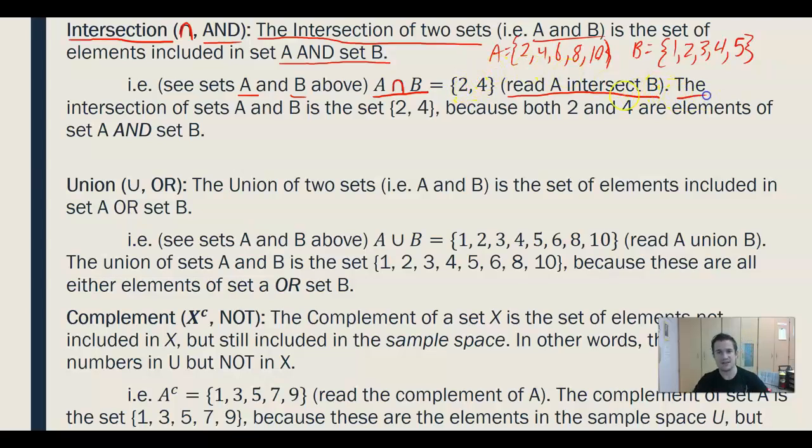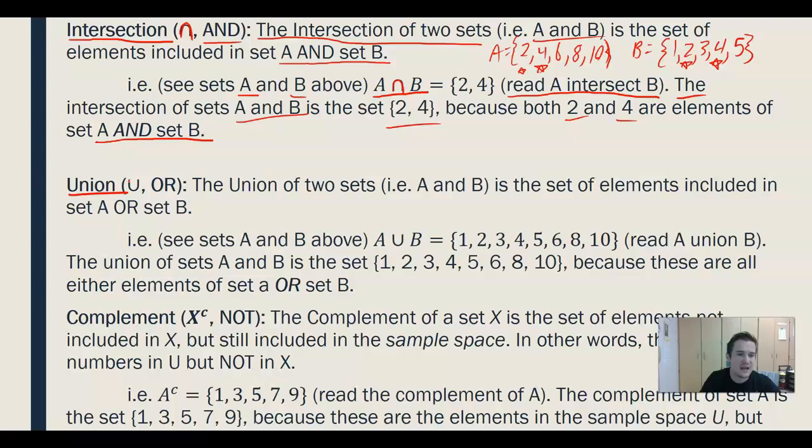That basically says the intersection of sets A and B is the set {2, 4} because both 2 and 4 are elements of set A and set B. Notice here's a 2, here's a 4, here's a 2, here's a 4. Those are the only elements that are contained in both of those sets. So that's what an intersection is: the elements that are contained in both of the sets that we're talking about.